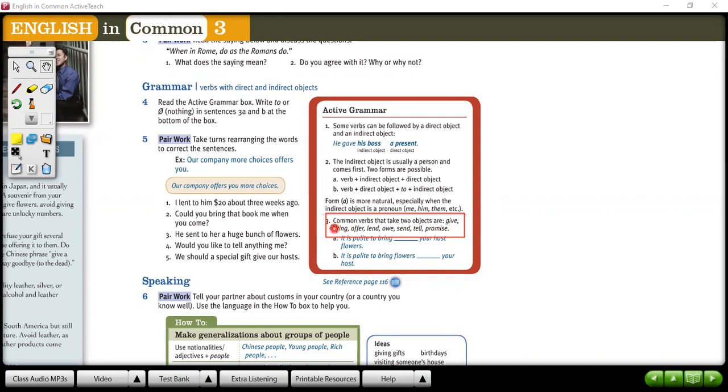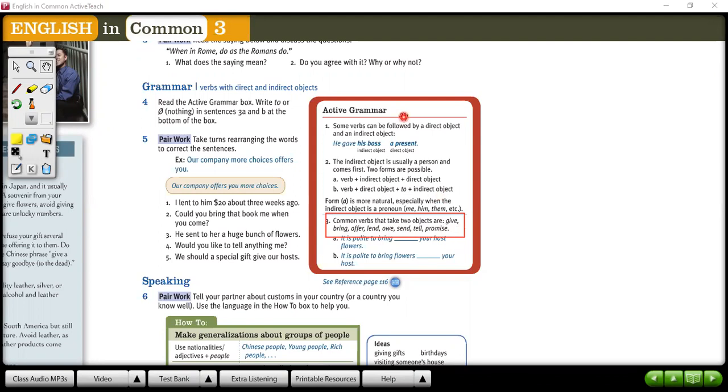Read again, Leina. Teacher, I am here. I have trouble with my microphone. Sorry, read again. Okay, teacher. Common verbs that take two objects are give, bring, offer, lend, owe, send, tell, and promise.